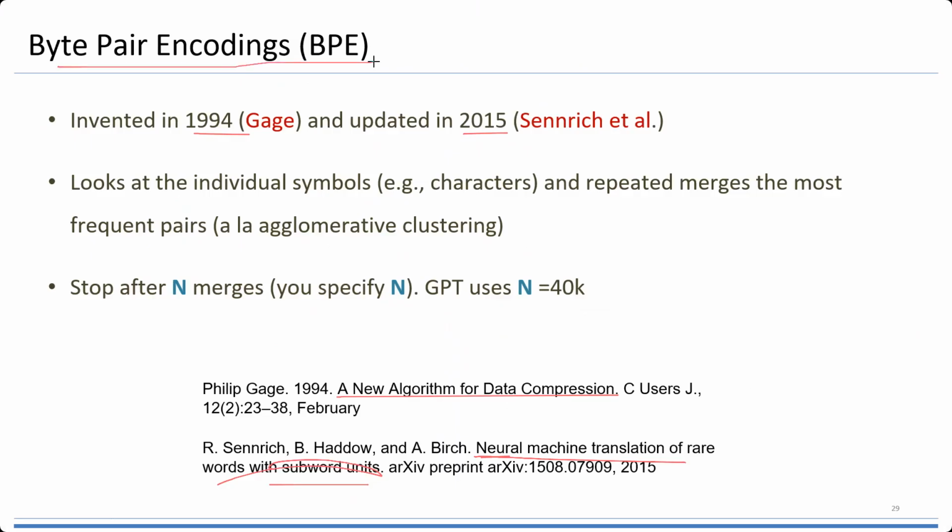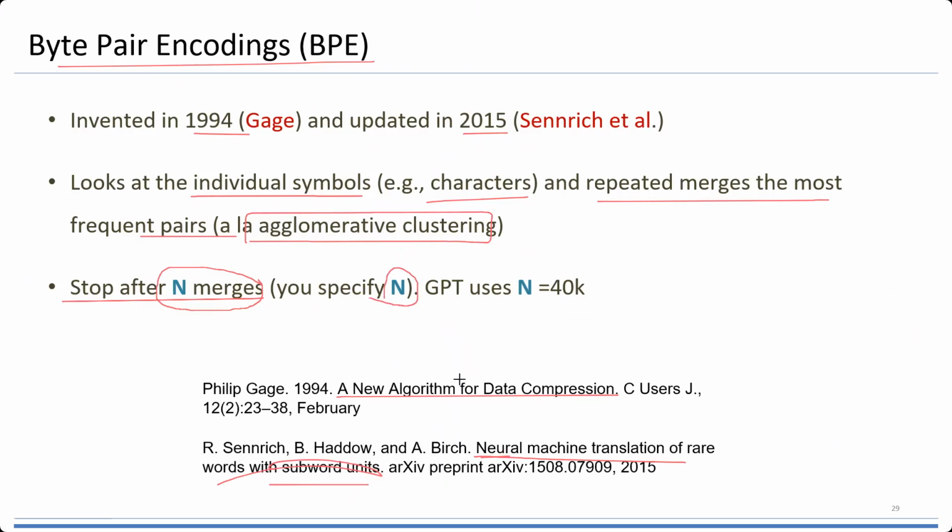The idea of byte pair encoding is looking at individual symbols or characters and repeatedly merging the most frequent pairs, similar to methods such as agglomerative clustering, and then stopping after n merges. N merges means if you specify n with a particular number, it will stop at that number.